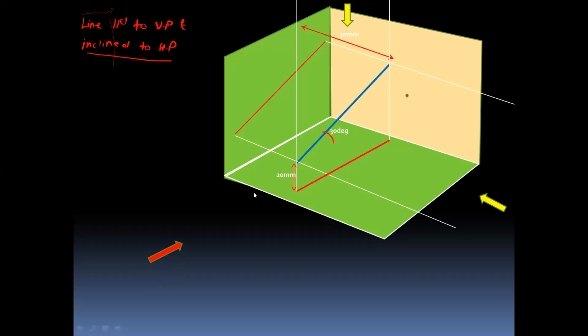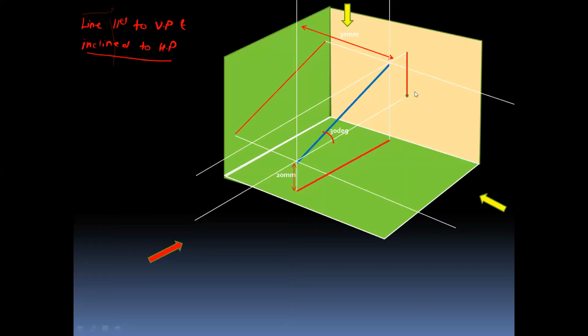That means if the geometry is projected on the profile plane, it will be a line instead of a point, but that line will have a length less than the actual length. So this is also a reduced length, because this line is inclined to the profile plane also. Therefore, in the side view, we get the reduced length.